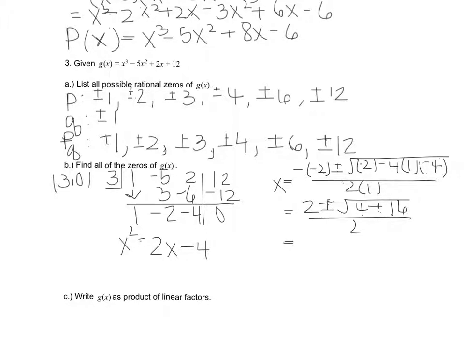So we get 2 plus or minus the square root of 20 all over 2. And we do want to simplify the square root of 20.